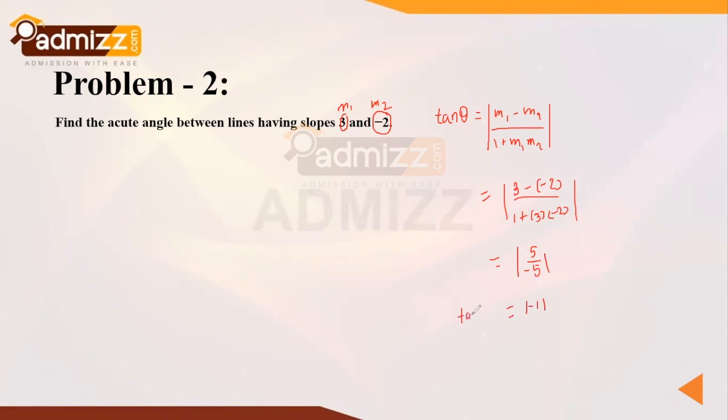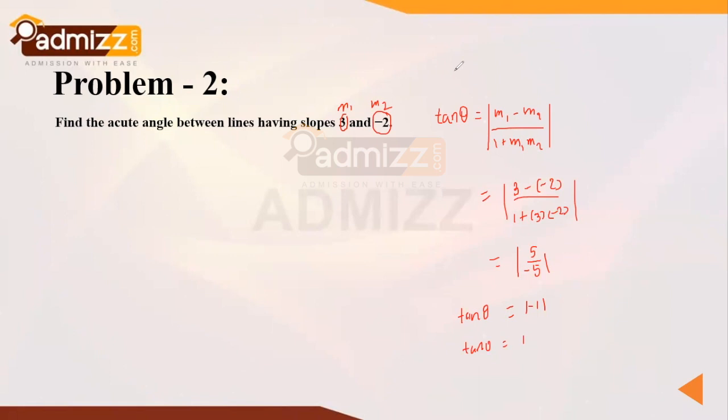Now tan theta is equal to modulus of -1, so tan theta equals 1, since the modulus of -1 is 1. Tan theta equal to 1 means which particular angle is it signifying?